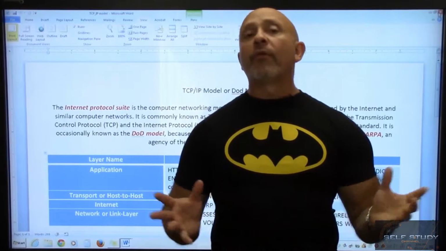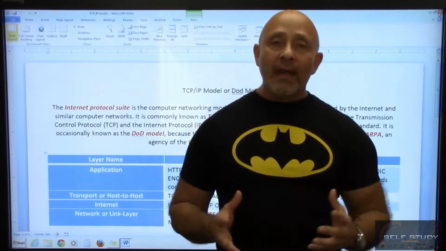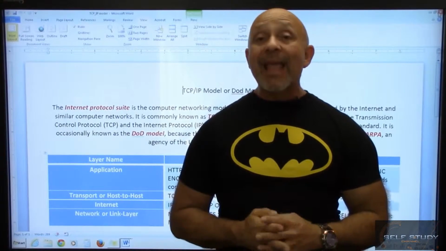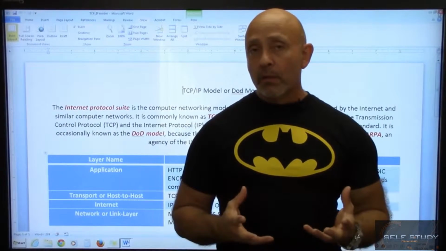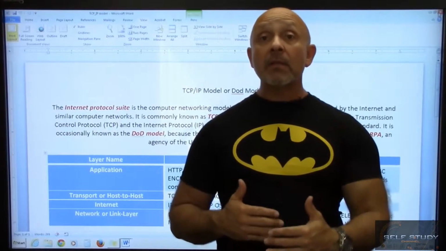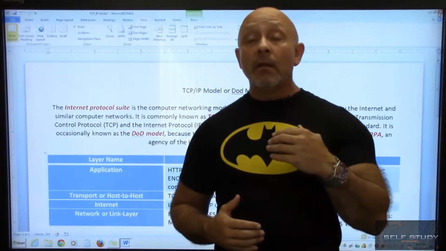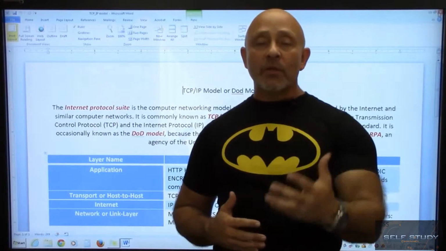Its growth was incredible due to all the attributes that TCP/IP has, because we have a connection-oriented protocol that makes sure that we get the sequencing, the acknowledgements, the windowing, the flow control. It makes sure that the information gets there.